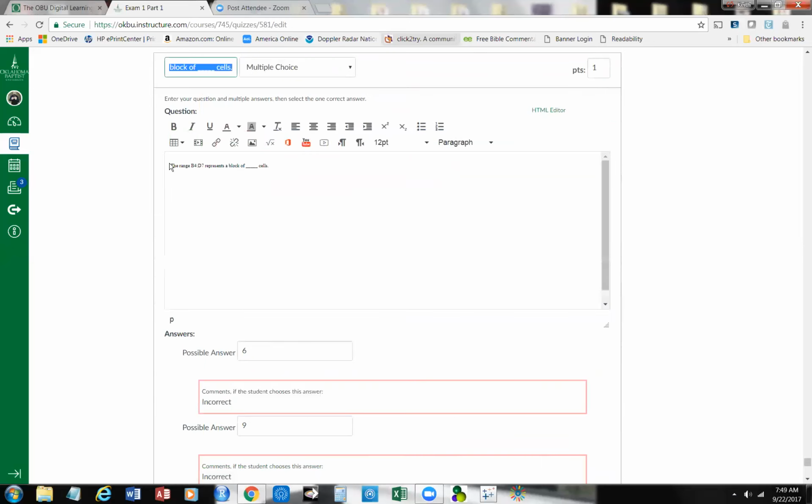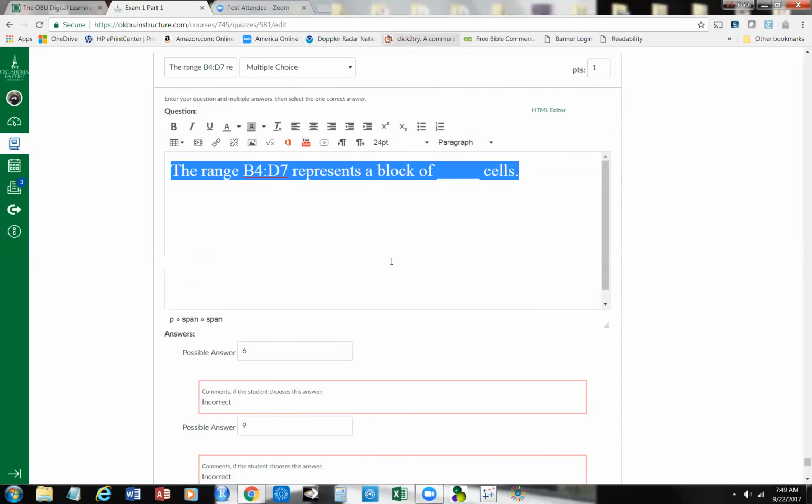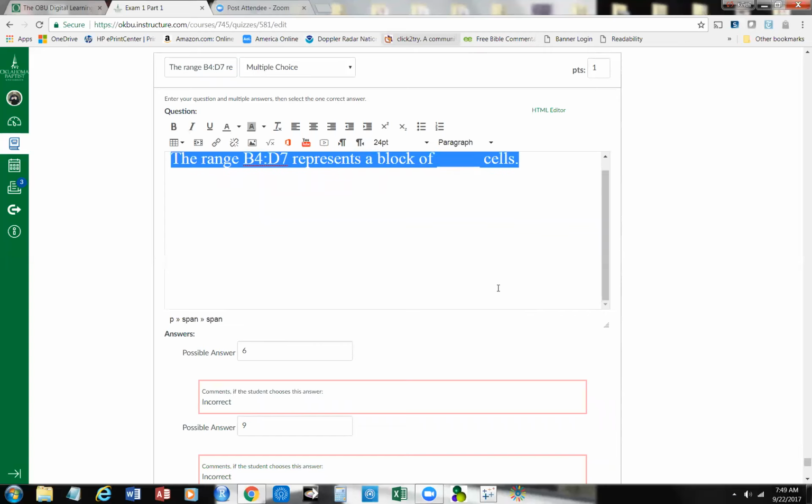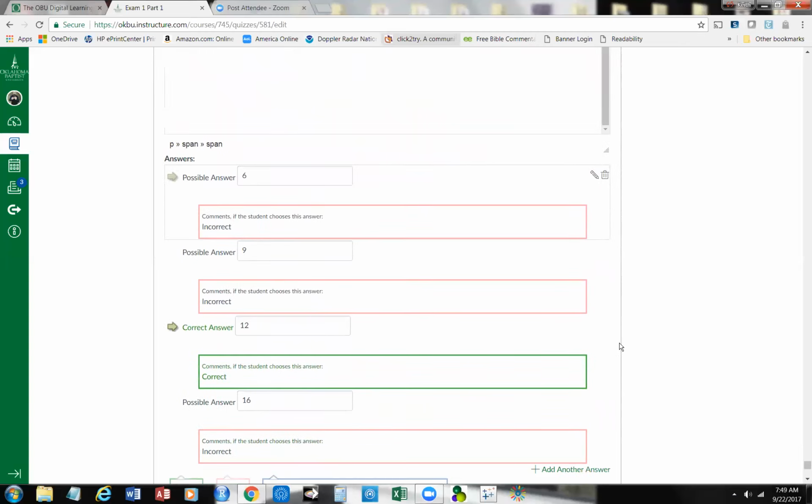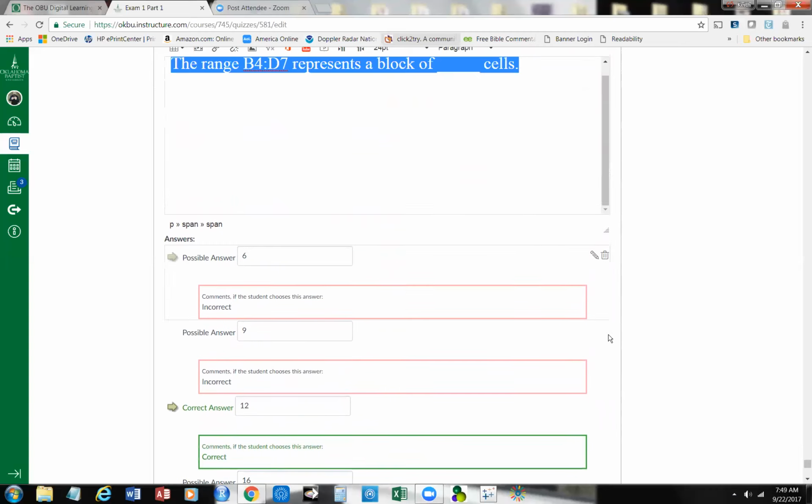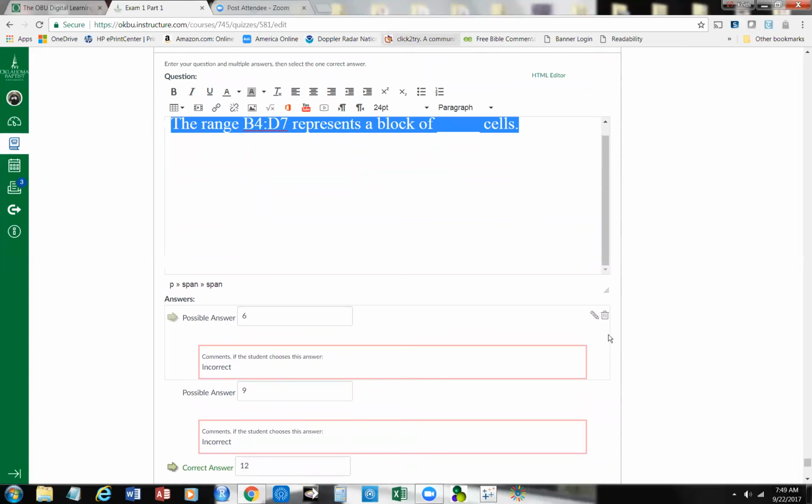All right. Now we'll look here. It says the range B4 to D7 represents a block of how many cells. Okay. Well, let's scroll down here and take a look. The possible answer is 16. All right.